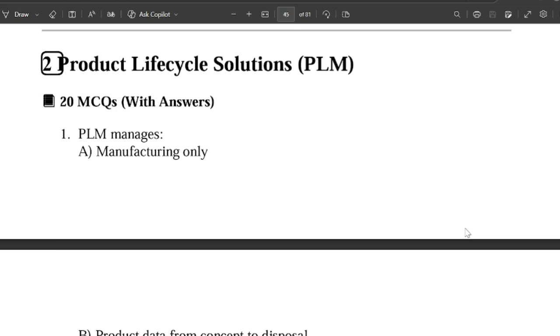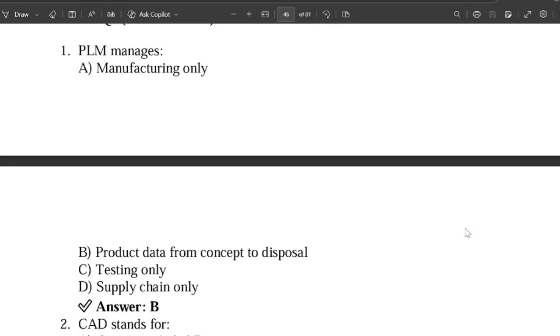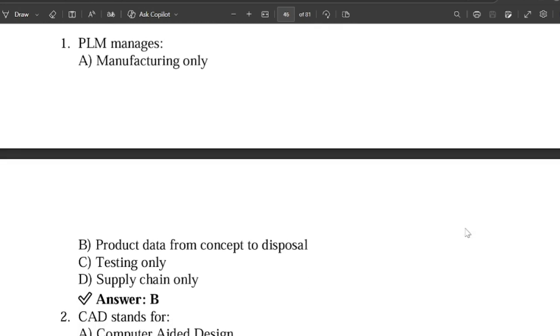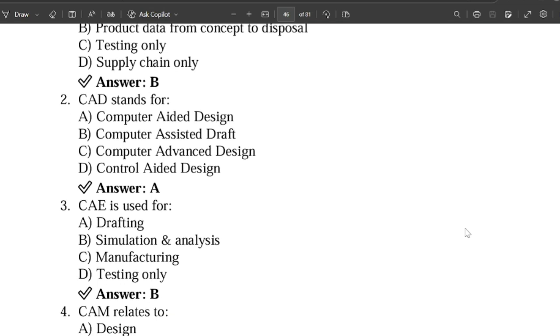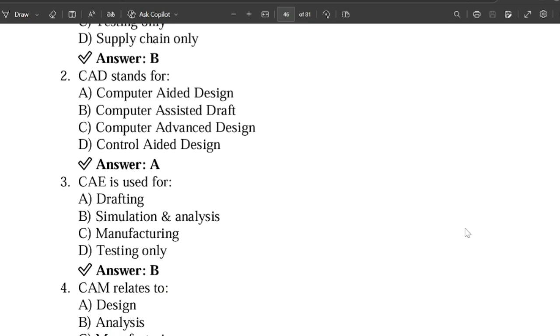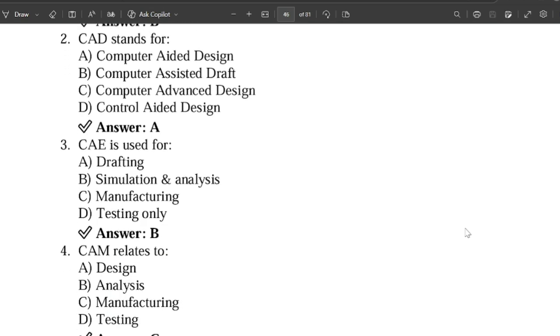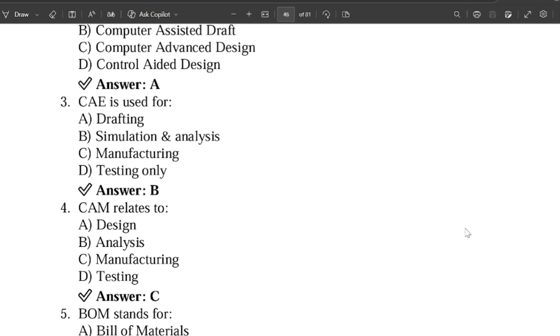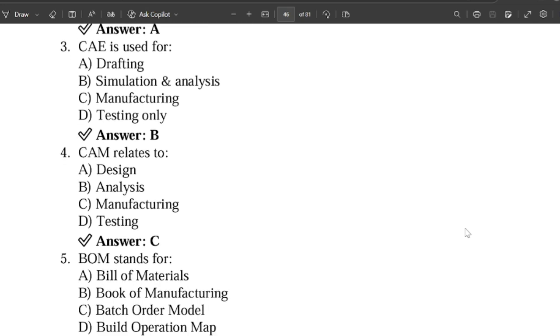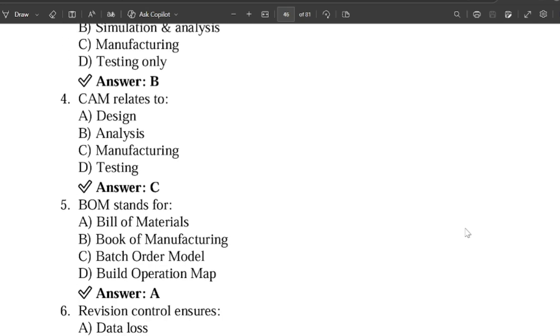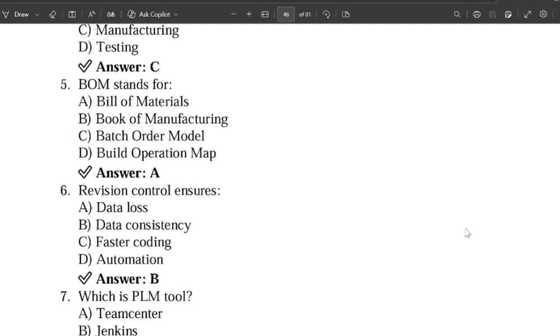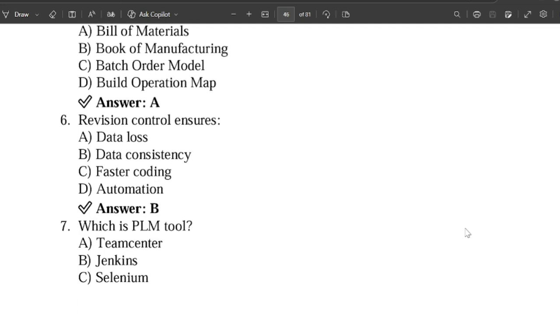And the next one is product lifecycle management. PLM manages product data from concept to disposal. CAD stands for computer aided design. CAE is used for simulation and analysis. CAM relates to manufacturing. BOM stands for bill of materials.